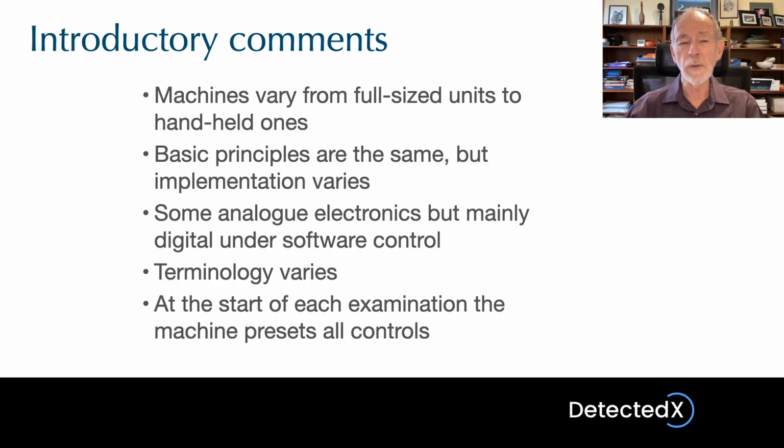So you'll normally have a very good starting point for the setting of the controls. However, it's important to realize that you need to check some of them before you begin scanning, or at least at the very beginning of the scan, to make sure they really are optimized for the individual patient. Similarly, some of the controls will need to be adjusted and readjusted as you're going through the examination.